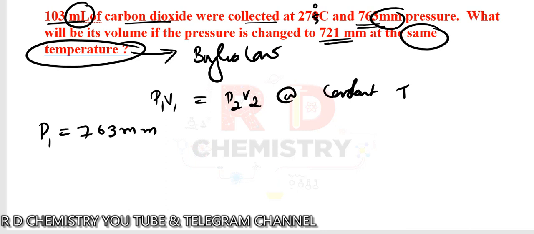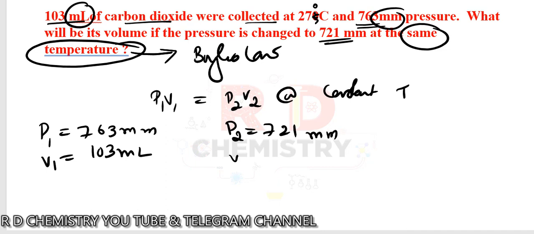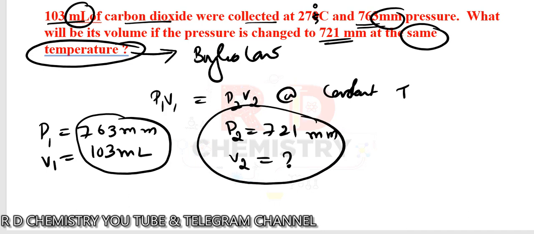And the corresponding volume also has been given. So, let V1 be equal to 103 ml. Now, pressure is changed to 721 mm of mercury and they're asking what is the volume. For 763 it is 103, for 721 what is the volume?